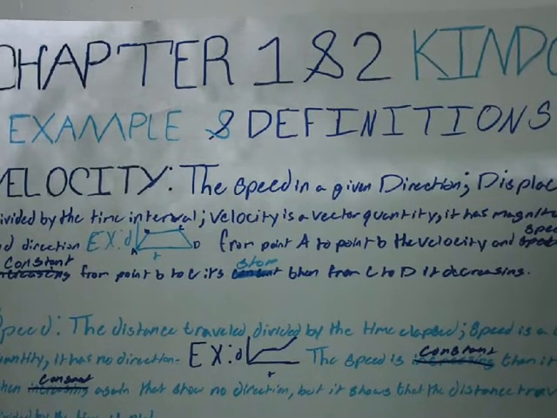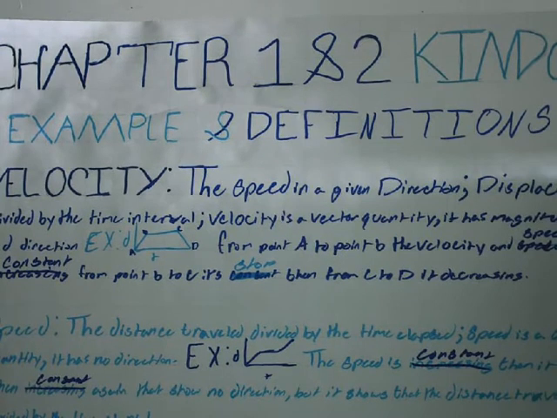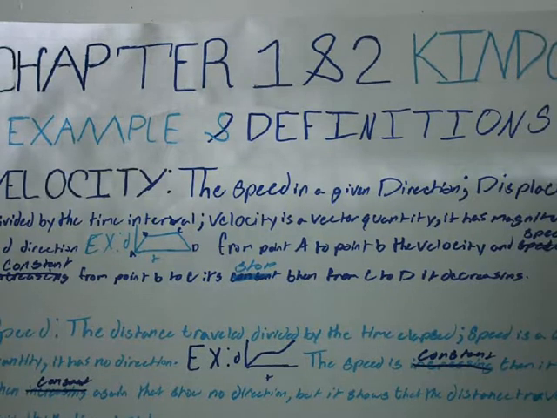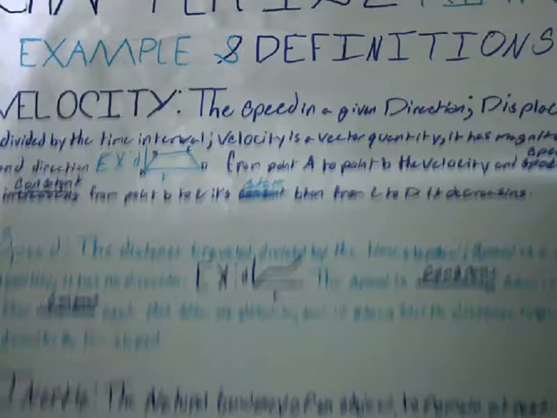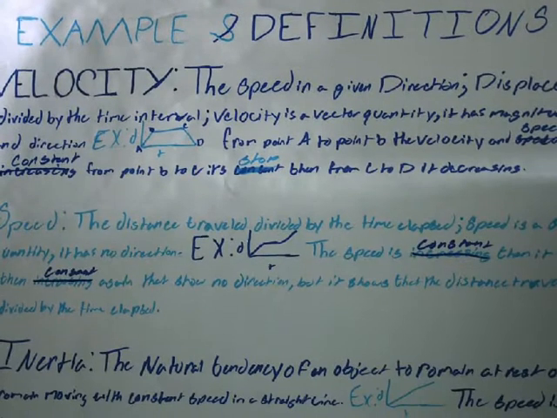It's like inertia, but a little different, because inertia has a direction. This one doesn't. Inertia, the natural tendency of an object to remain at rest or to remain moving with constant speed in a straight line. Basically, this example shows you a perfect one.